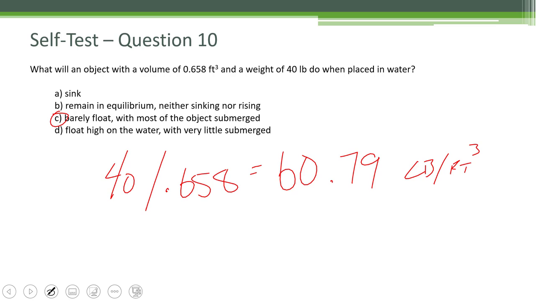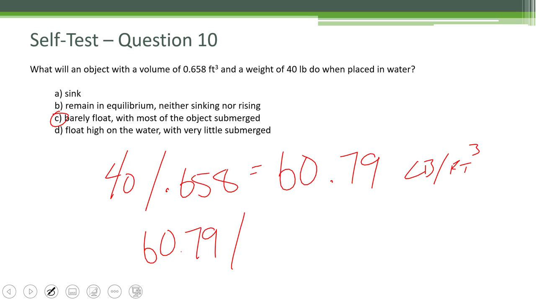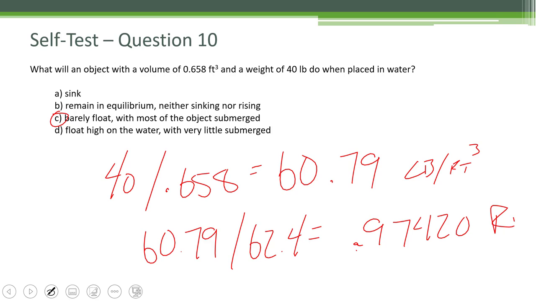We go 60.79 divided by 62.4, and that is 0.97420 something or other. That would be my relative density.